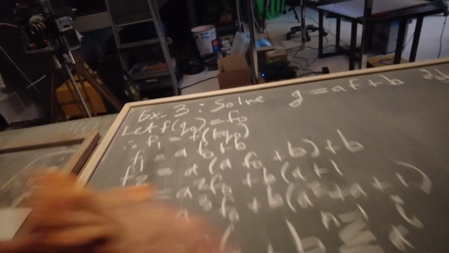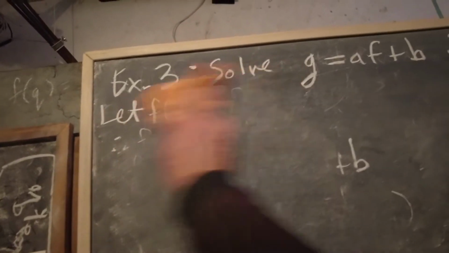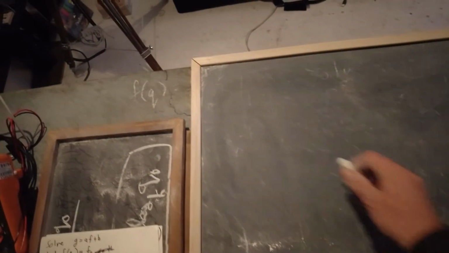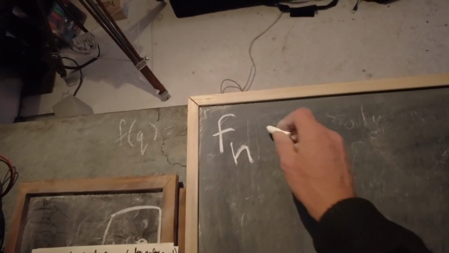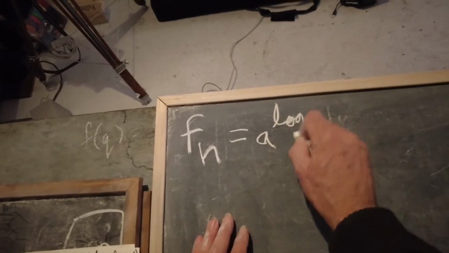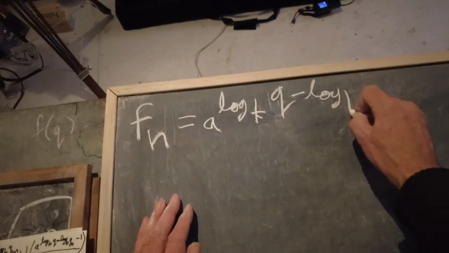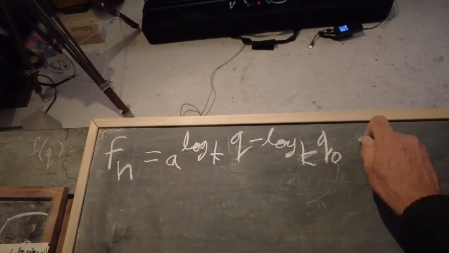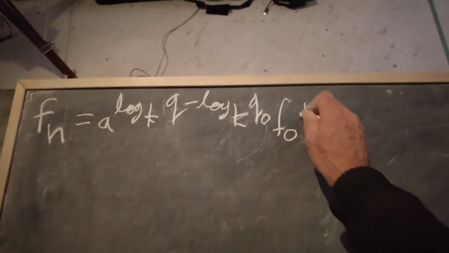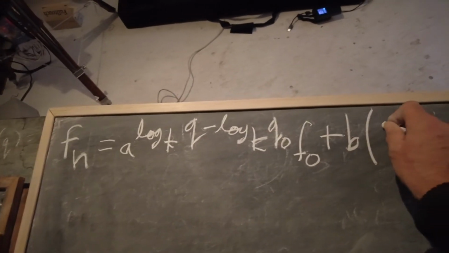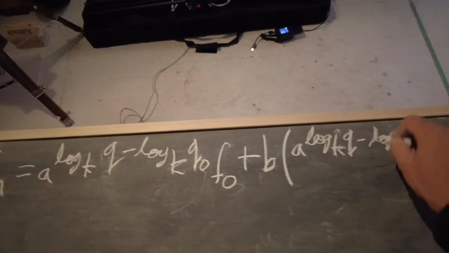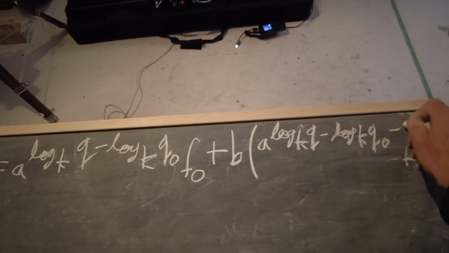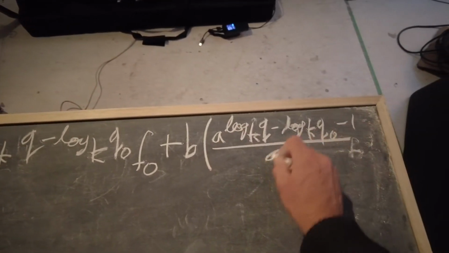So we substitute in here that f sub n equals a to the log k q minus log k q0 times f0, plus b times a to the log k q minus log k q0 minus 1, over a minus 1.